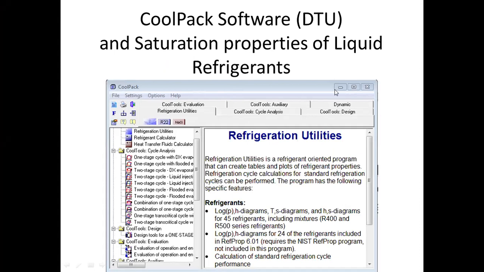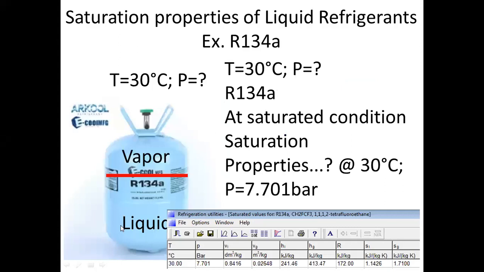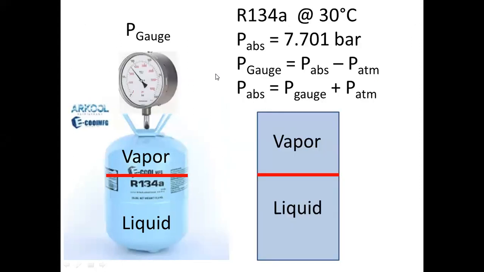The knowledge about this software makes you pretty comfortable using data for two-phase. Using that cool pack data at 7 bar, 30 degree at 7 bar. Vapor liquid together. Saturation properties. Saturated properties actually. That's okay at 30.